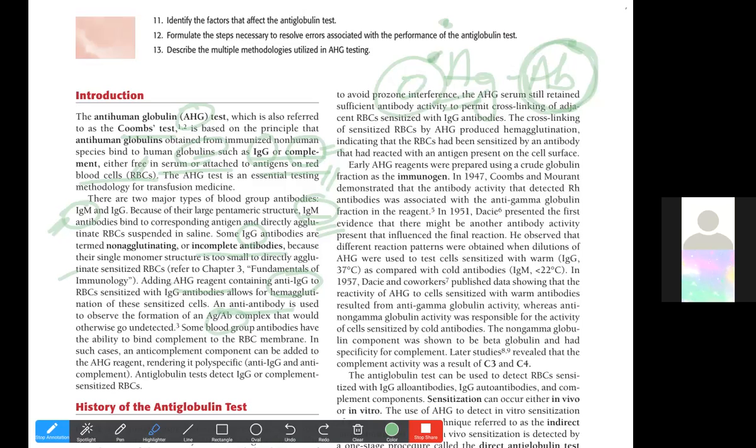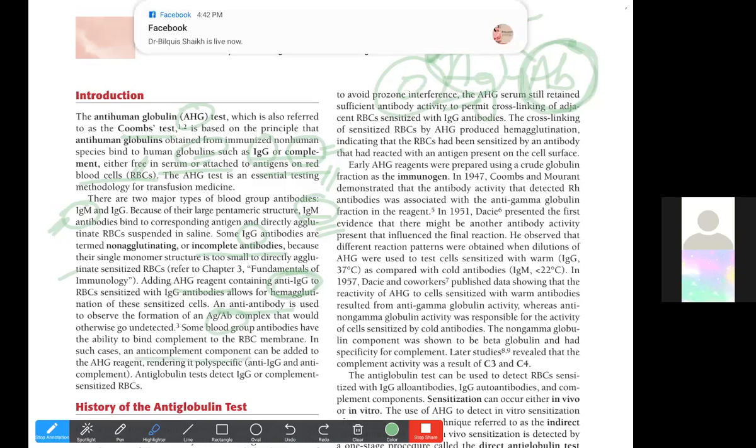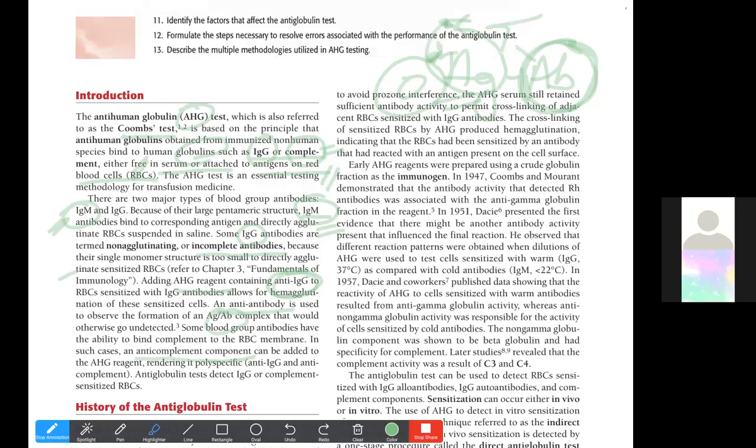The antigen may in itself be an immunoglobulin, either the IgM or the IgG type, and the antigen-antibody complex would then be detected by the anti-IgG. Some blood group antibodies have the ability to bind complement to the RBC membrane, and in such cases, an anti-complement component can be added to the AHG reagent, rendering it polyspecific.